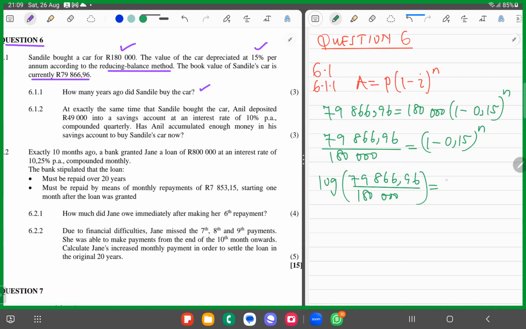And then you take the log on the right, which is n times the log of 1 minus 0.15.